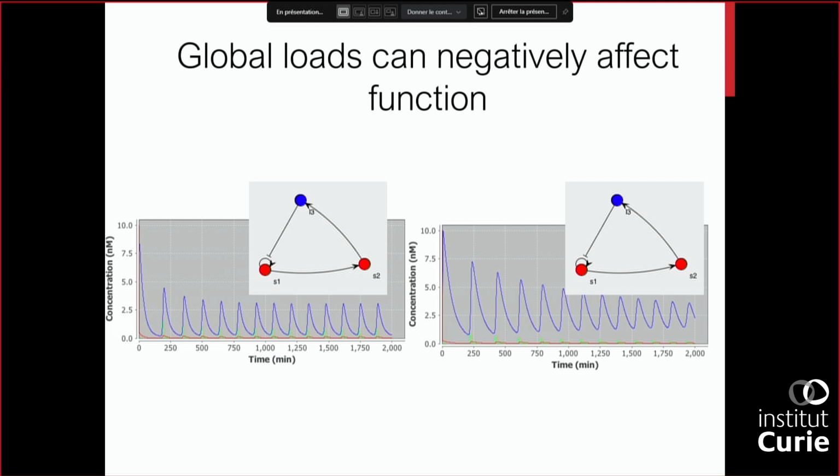We just mathematically put a 0 in front of the term that describes the fact that they all share the same enzymes. And you see that without global coupling, this system is a nicely oscillating oscillator. As soon as you switch on the global coupling, it affects its function. In that particular case, it makes the oscillation much less stable, and you are going to a fixed point.